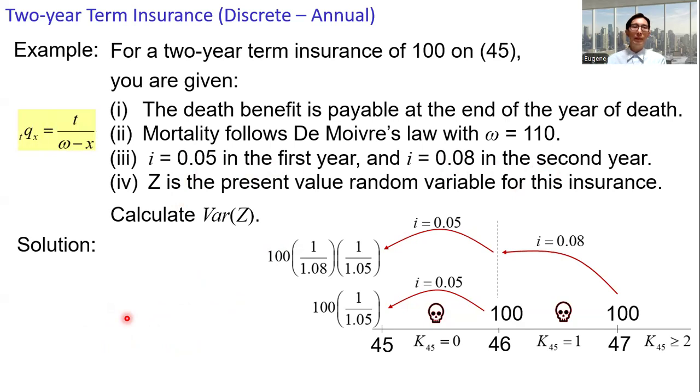We need to get the probability. Mortality follows the De Moivre's law. tqx equals t over omega minus x, and omega is equal to 110. The probability that K45 equals 0, which is q45, we get 1 over 65.